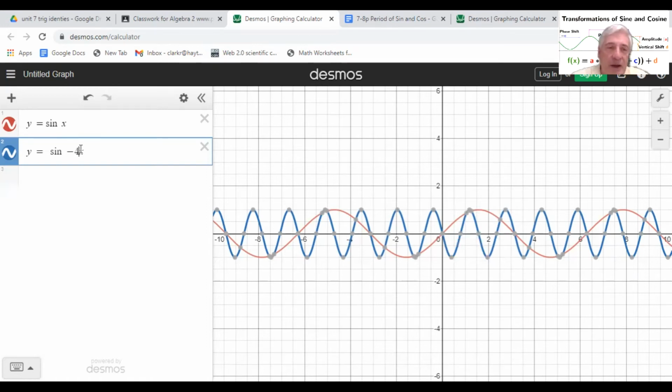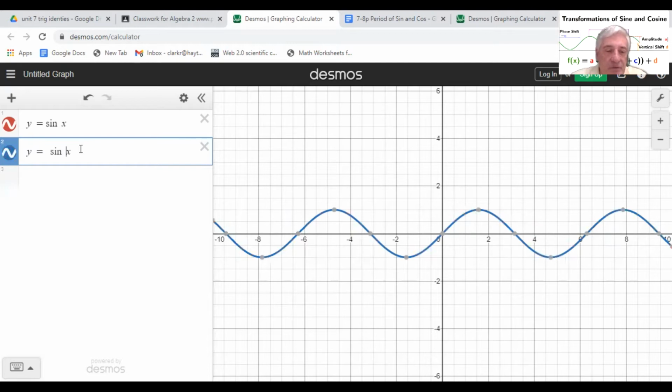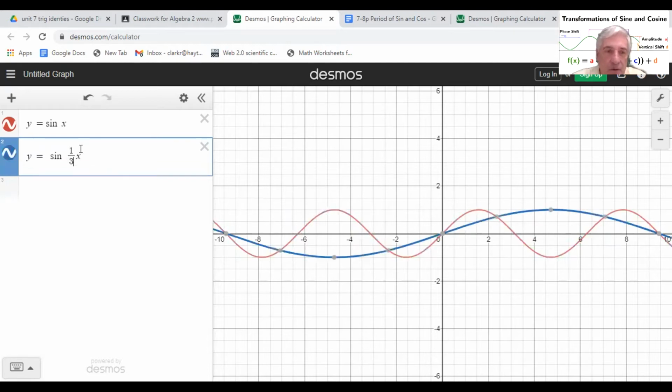Now, what happens if I put in 1/3? What have I done to the blue graph? The red one was sine. The blue graph. Now I'm stretching out the wave. What's it take now?